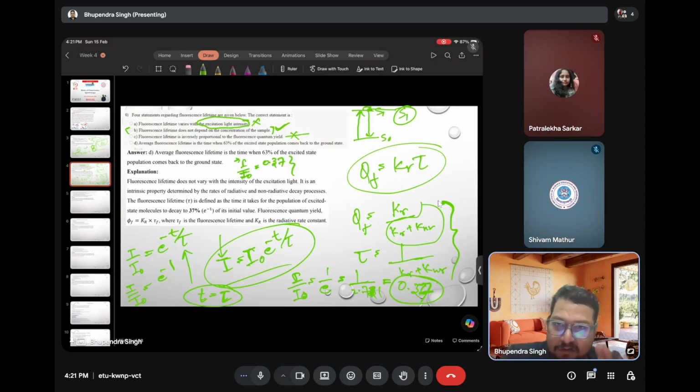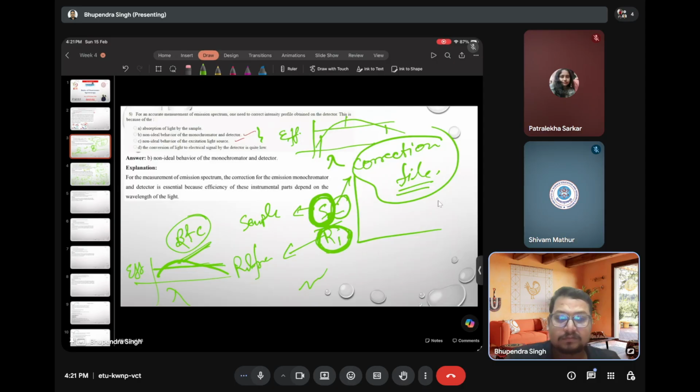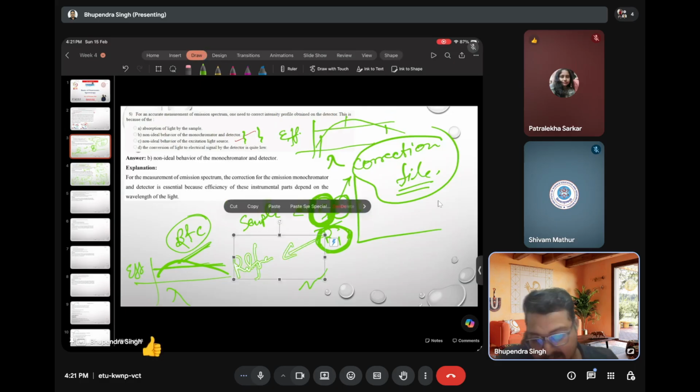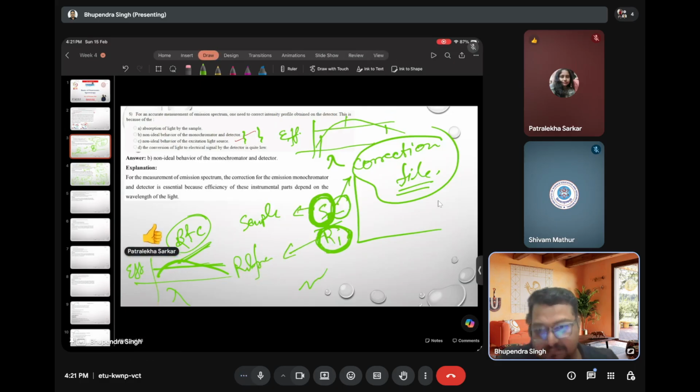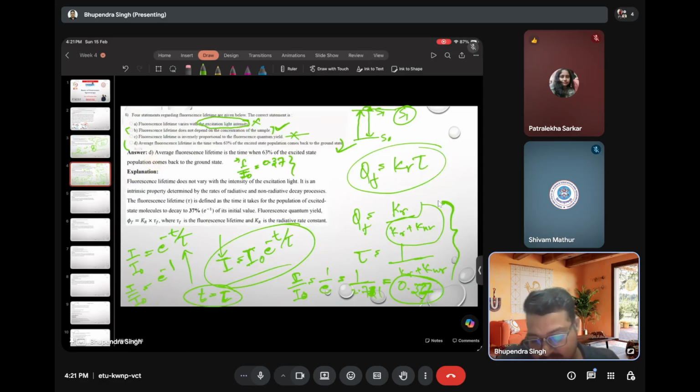So that is called the lifetime. So that statement is also true. I think maybe they have given this MSQ type, multiple select question, because in this question also two options were correct, and here also two options are correct, B and D.